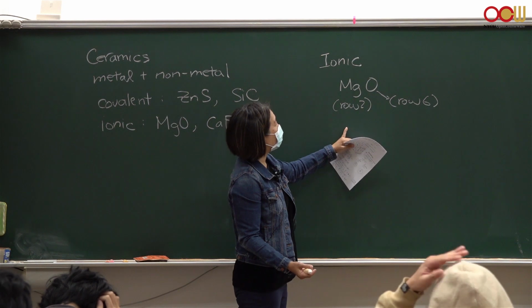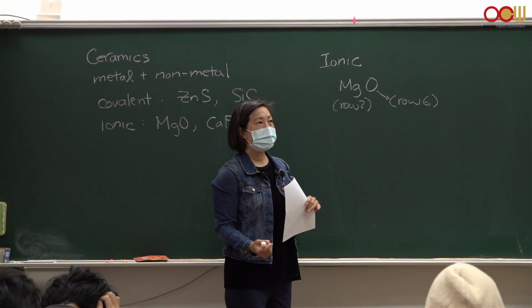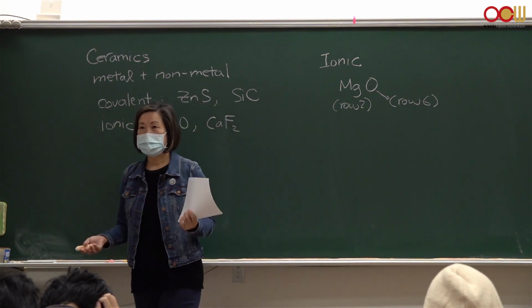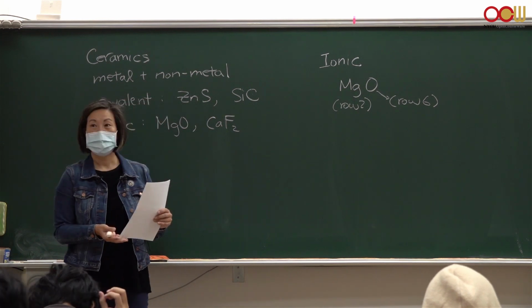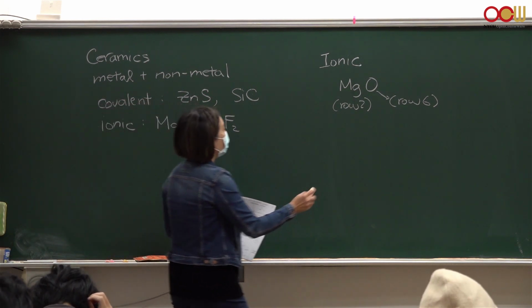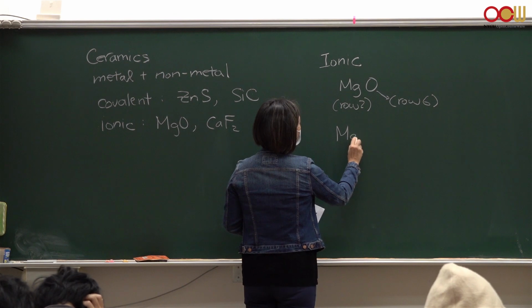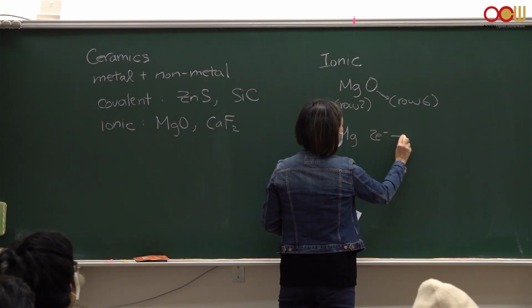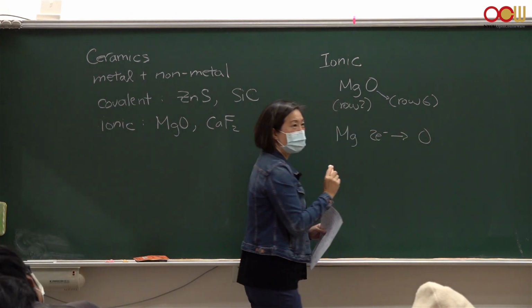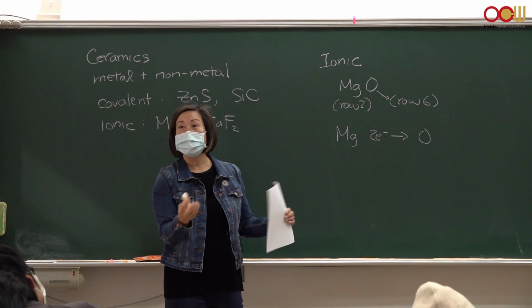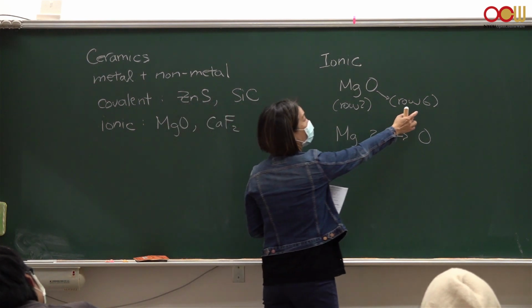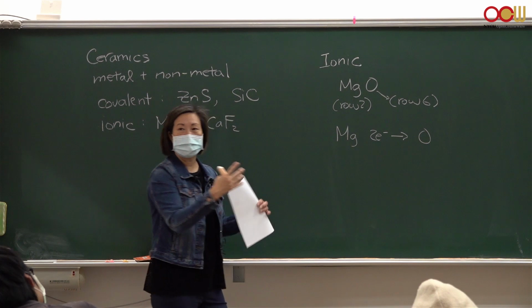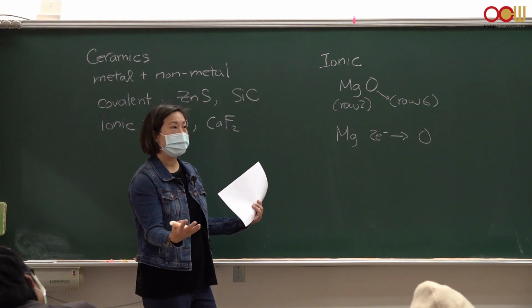So how many electrons do you think magnesium wants to give away in order to be stable? 2, right? So you end up with magnesium, 2 electrons go to oxygen, right? And oxygen also wants 2 electrons because it sits in row 6. It needs 2 more electrons to have a full outermost shell.